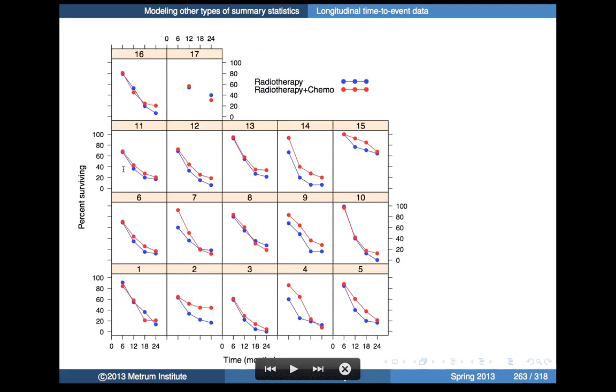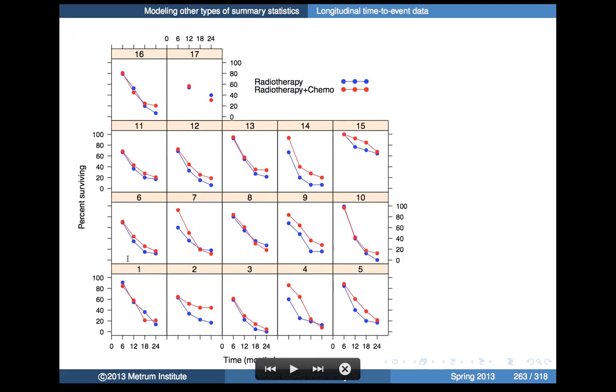And for this particular data set, what they did is they extracted the survival probabilities at 6 months, 12 months, 18 months, and 24 months after surgery. And so this is what the data look like from that paper.